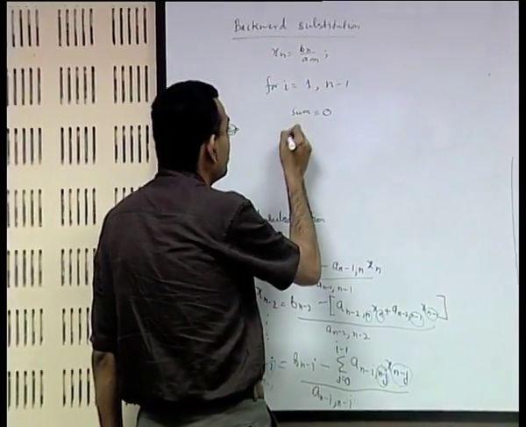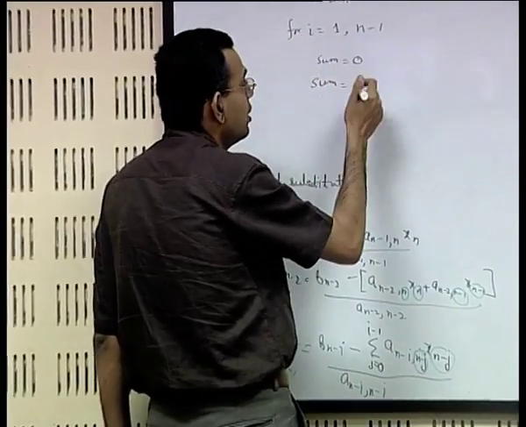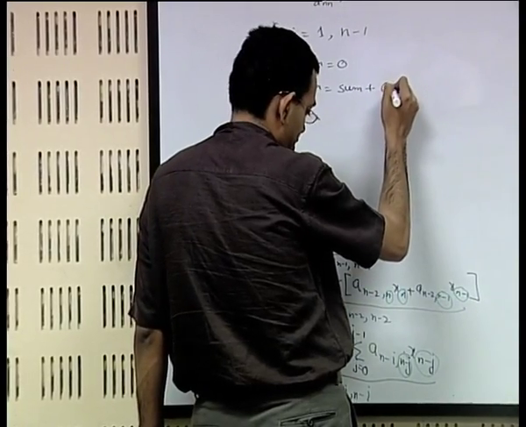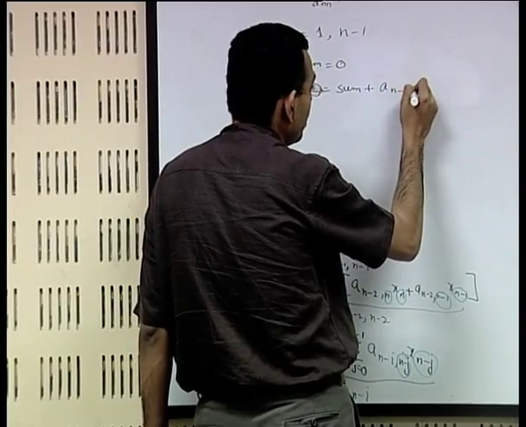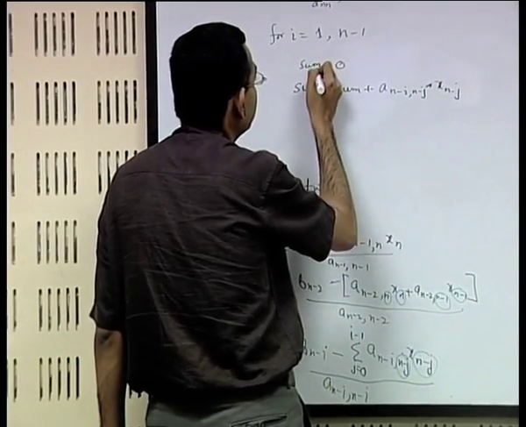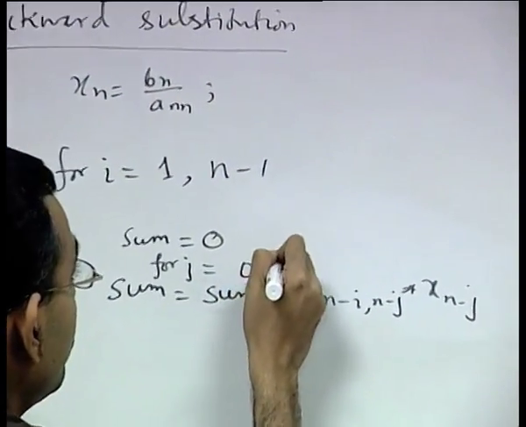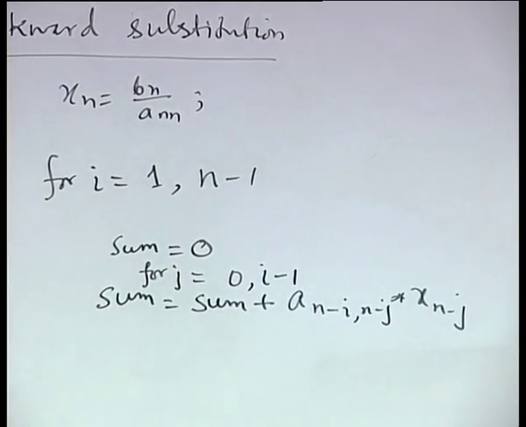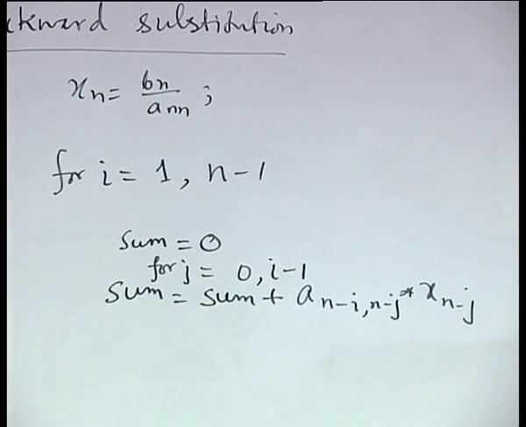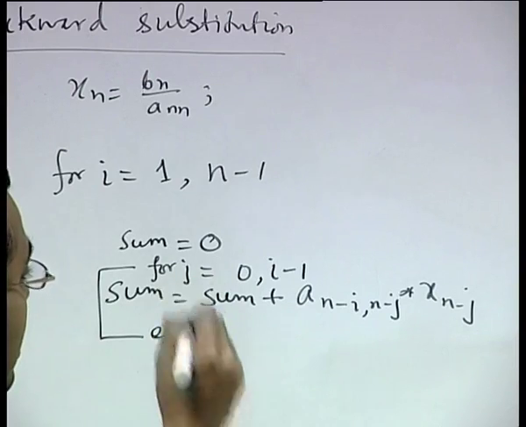So, sum is equal to sum plus a_{n-i,n-j} into x_{n-j}, where j is from 0 to i minus 1. Then that calculation ends.